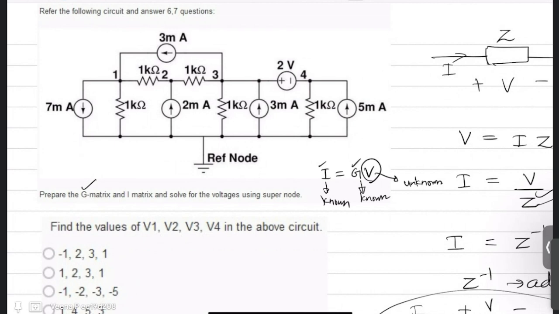So you are applying Kirchhoff's current law in these nodes, and those Kirchhoff's current law equations, you are writing in the form of matrix and you are solving it.